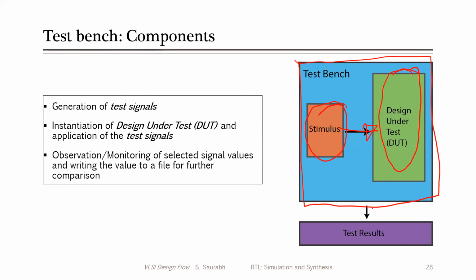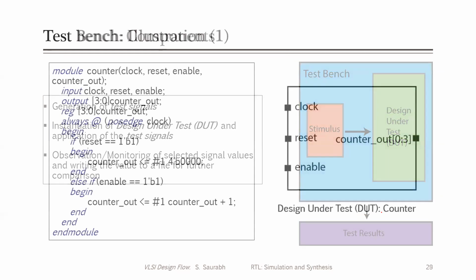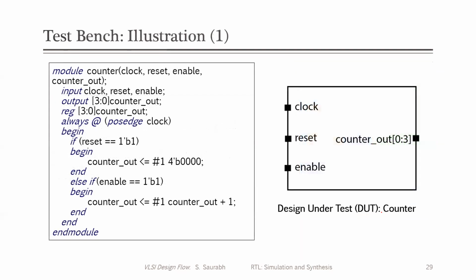Then you observe the signal coming out of the test bench. This signal can be written to a file, or you observe the waveform, and this gives you the test result. This test result is compared to the expected behavior, and based on that we say whether our model or design under test is passing or failing. This is how the simulation is done.